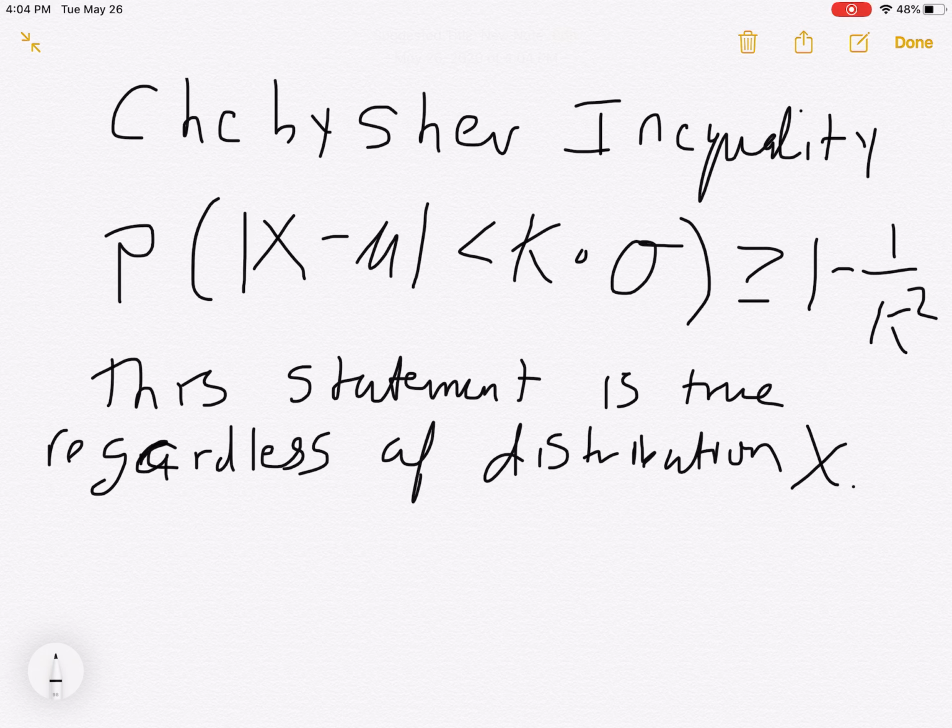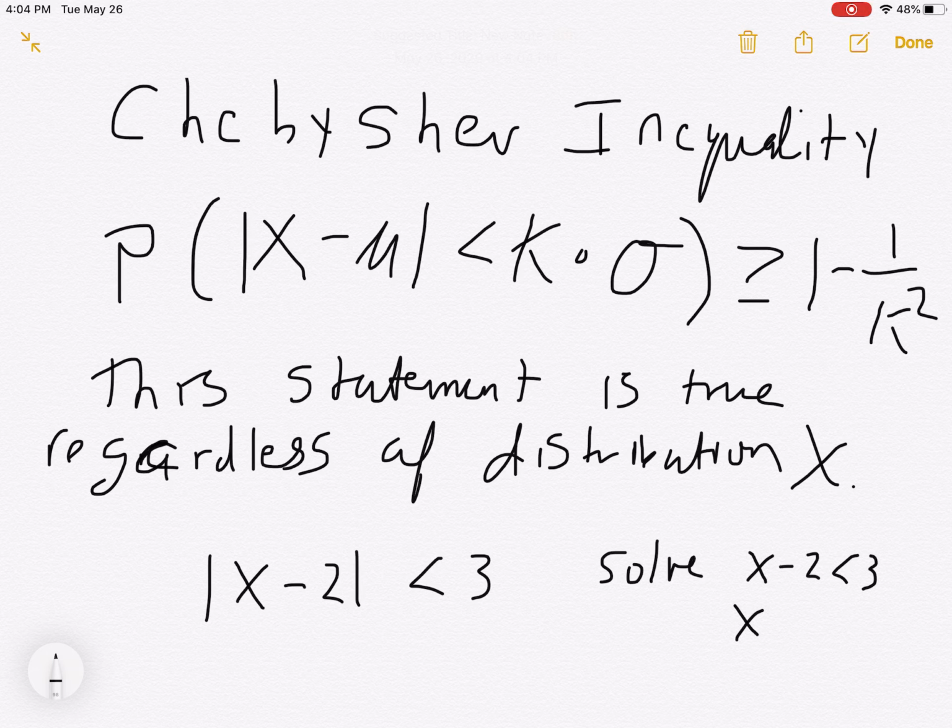Okay, and just one last thing, if I had to solve an inequality like |x minus 2| less than 3, I can just solve this normally: x minus 2 is less than 3, and get x is less than 5. Or there's another possibility, which is that minus (x minus 2) is less than 3.